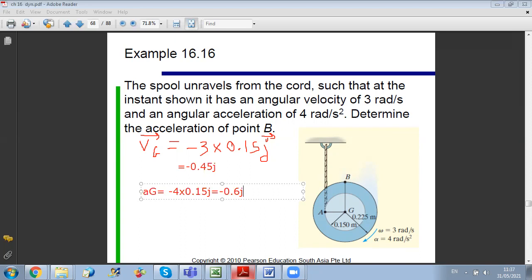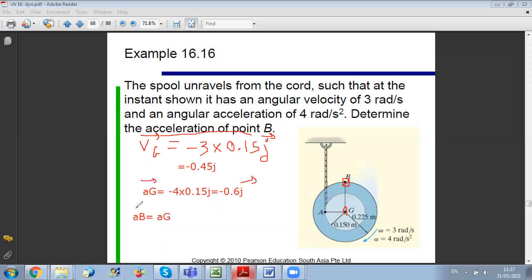Okay? Now I am ready to apply the vectorial relation to get the acceleration of B, they want here the acceleration of B. To get the acceleration of B, all I have to do is to relate B to G. So I can say that acceleration of B is equal to acceleration of G plus, so let us put it here in vectors.